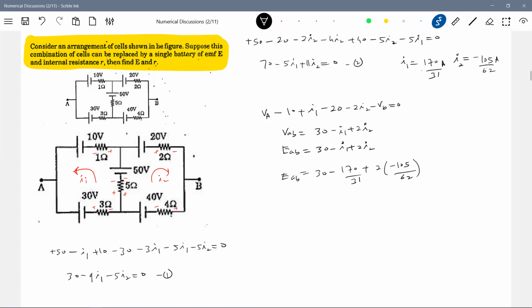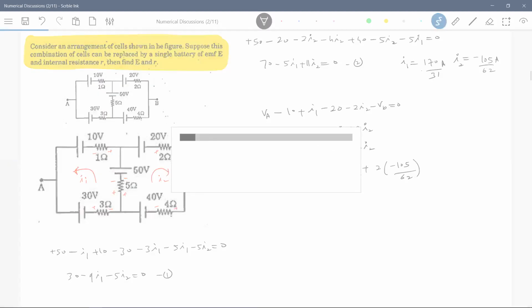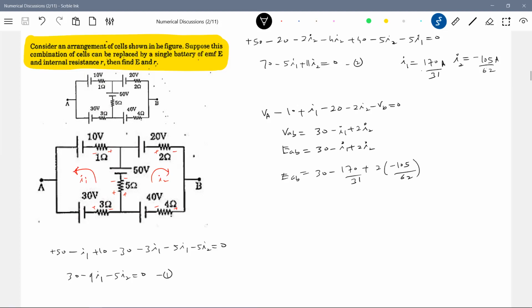Now how to do internal resistance. I think I explained this also in class. So what we do is, where all cells are there, replace them with a short circuit. Then find out the effective resistance between points A and B. So here one cell, I'll bring the short circuit later on.